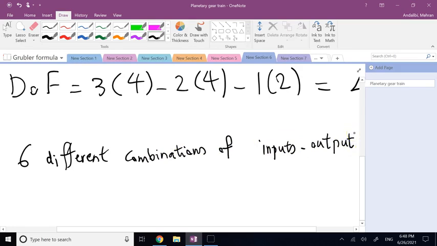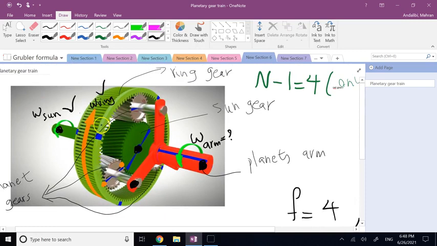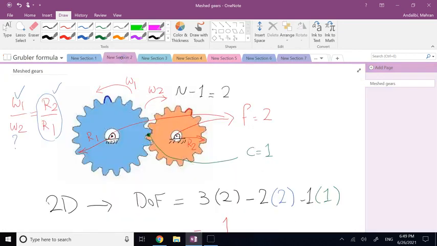And that's what makes this guy be used in transmissions, because this guy alone by itself can give you different, what we call speed ratios. What is a speed ratio? If we go back here, you see the omega of the input, if 1 here is the input, over omega of output is equal to a fixed number.